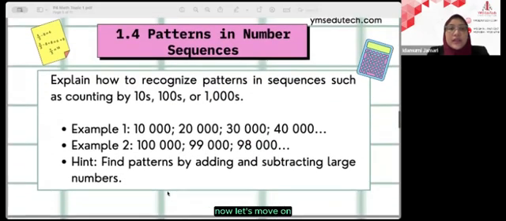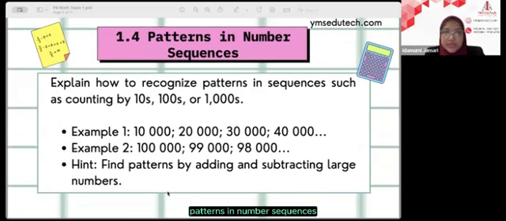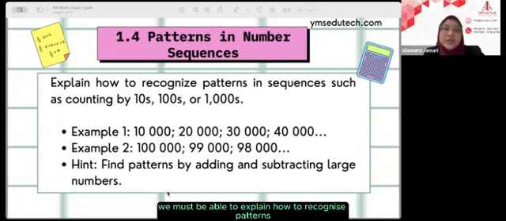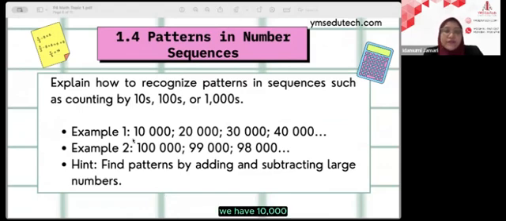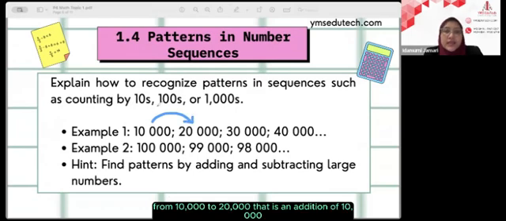Now let's move on. Patterns in number sequences. We must be able to explain how to recognize patterns in sequences such as counting by tens, hundreds, or thousands. Example, we have 10,000, 20,000, 30,000, 40,000. What is the pattern that we see here? From 10,000 to 20,000, that is an addition of 10,000.